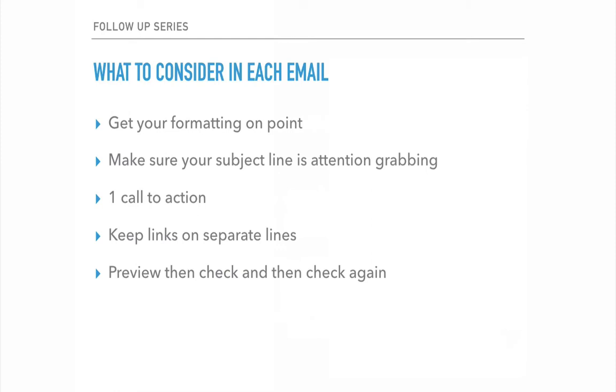So what to consider in each email? Now, this again is another important thing, because when people actually read the email, this is what they see. So it has to be engaging. You need to get your formatting on point. Now, I always like emails to be relatively short, and I like the lines to be relatively short. So we're talking about 6 or 7 words per line.